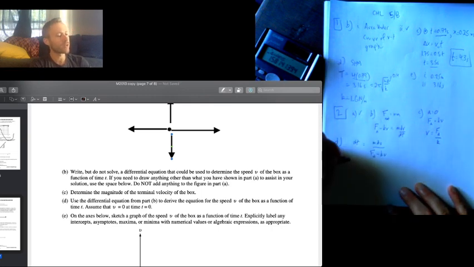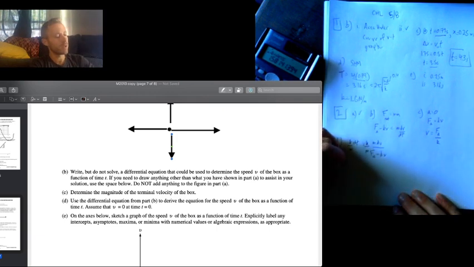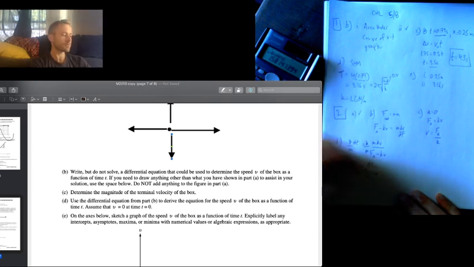I'm going to take both sides and multiply by k and divide by m. And so that gives me k over m dt equals dv over (F_A over k minus v).